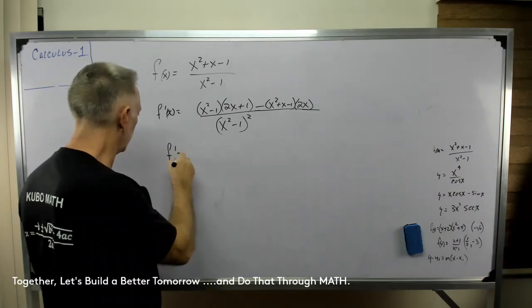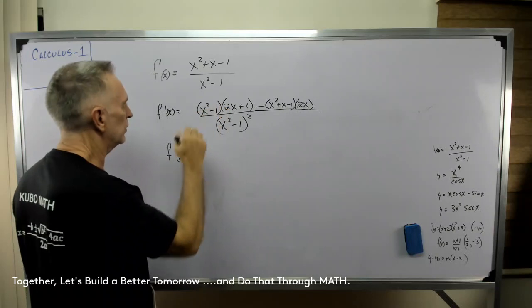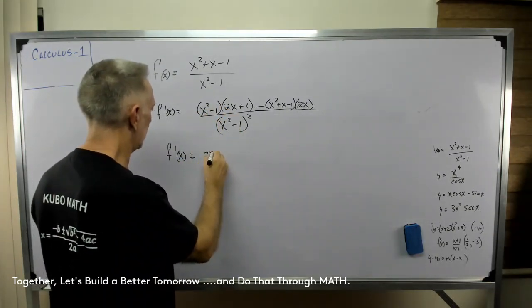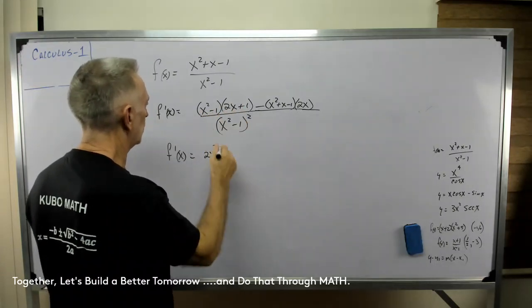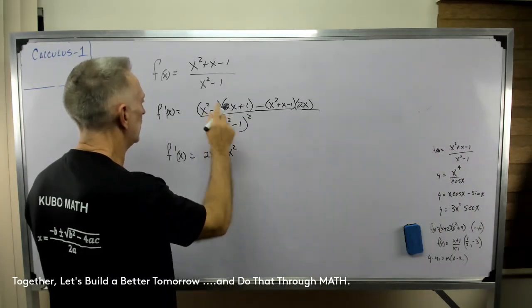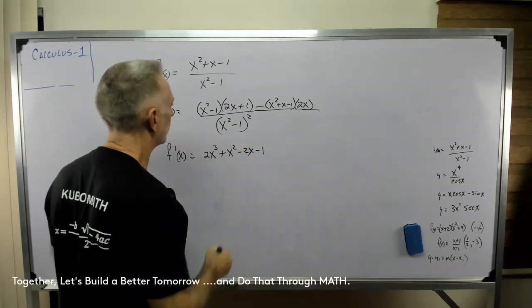Oh, let's see how we can expand this. So I can FOIL this one. X squared times 2x gives me 2x cubed. Then x squared times 1 gives me plus x squared, minus 2x minus 1.